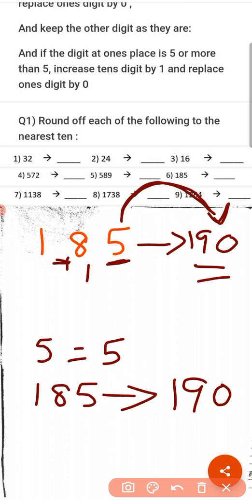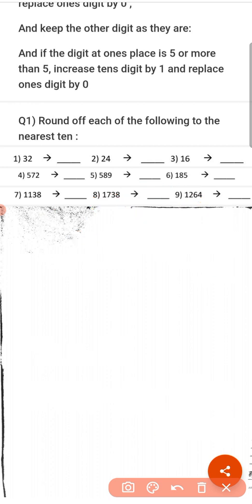Tens place ile digit inde kuda 1 add cheya. So 8 plus 1 becomes 9. Then write the digit at the hundreds place, which is 1. So our answer is 190. Clear? Next is a 4-digit number. For any number of digits, the method is same, children.